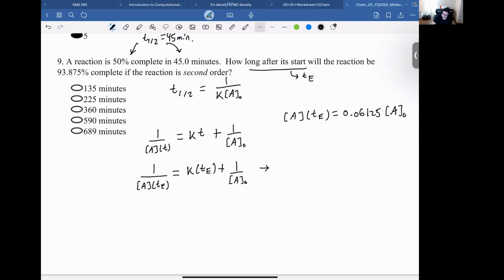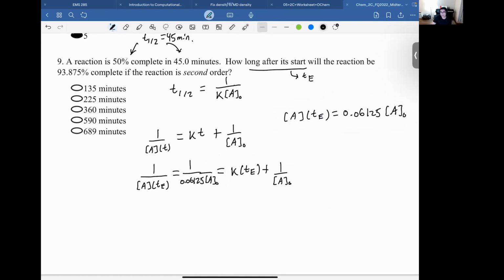We can keep in mind, and I'm actually just going to use the transitive property here, let's just make this easy. On the left side, A, the concentration of A after this time is 0.06125 times the initial, right? From what we got over here. Then you can solve for TE.